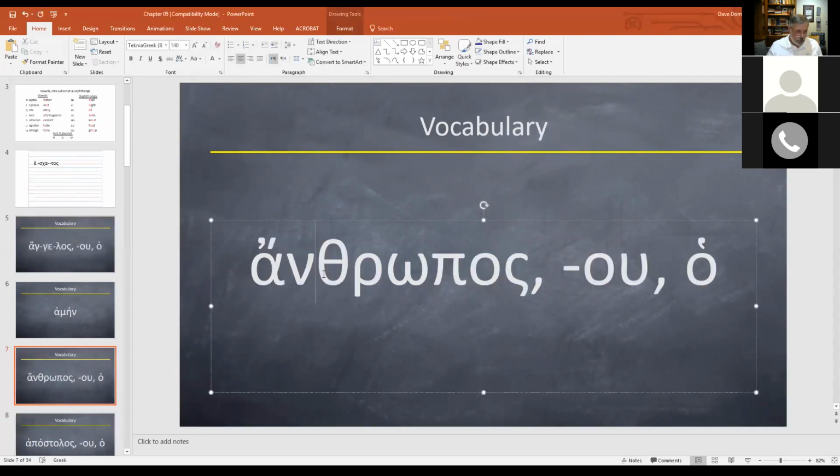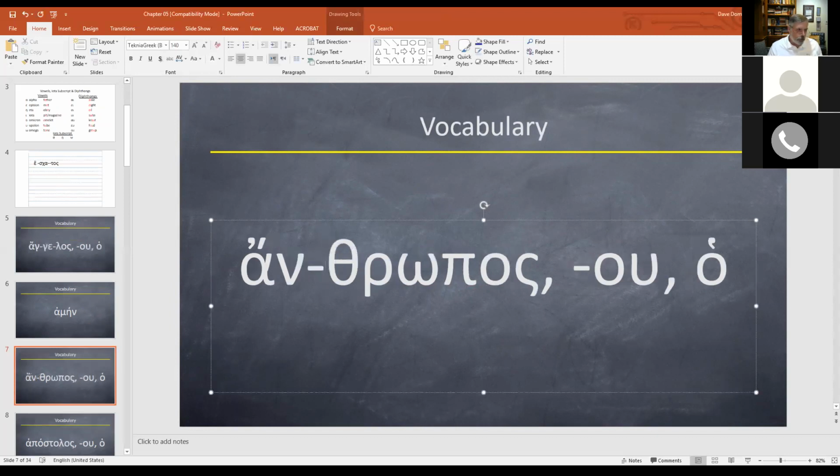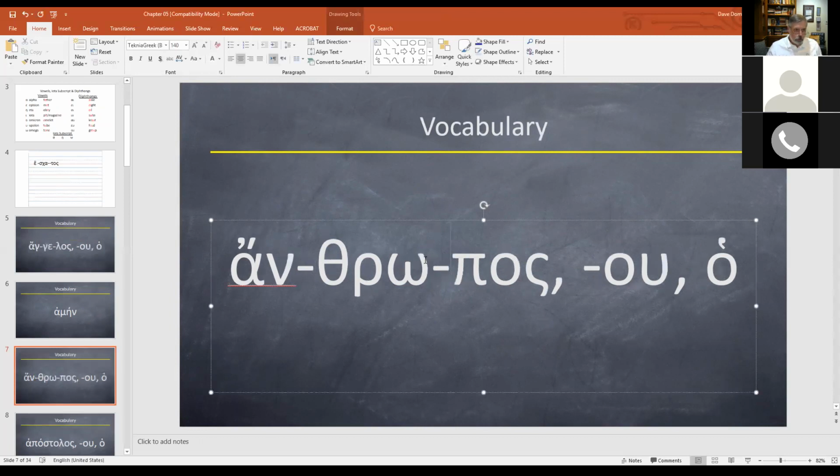For sake of time, I'm going to go through this. These two consonants get separated because it's hard to pronounce a nu and a theta together. On, throw, pos. There's the omega, one vowel, two vowels, three vowels.